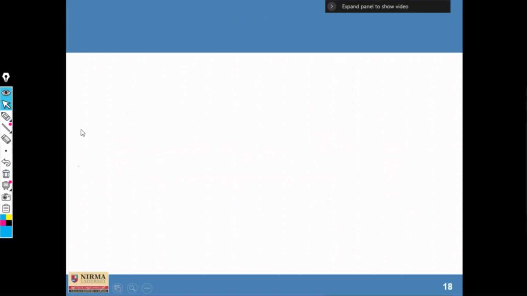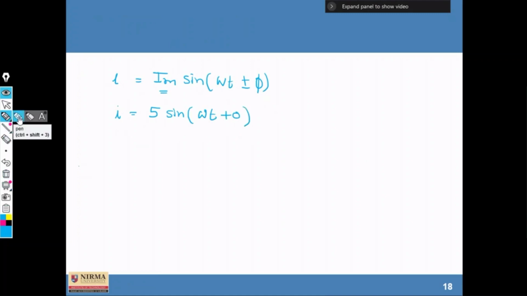Now, if you want to measure the vector, we can draw a vector also. Suppose there is an equation of I, we know that the equation is Im sine omega t plus or minus theta, or plus or minus phi. If I take an example where the amplitude is 5 ampere maximum, sine omega t plus 0, in this condition I can draw a vector.